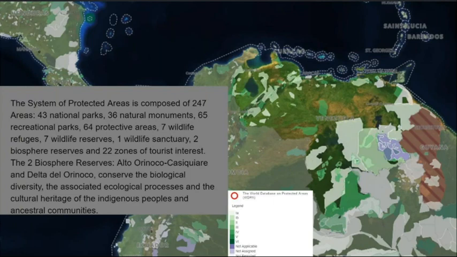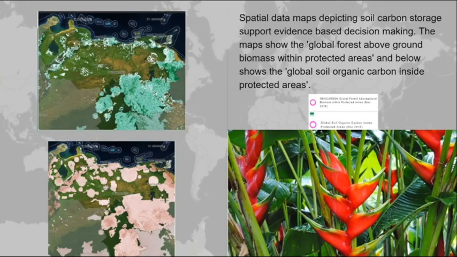The two biosphere reserves, Alto Orinoco Casiquiare and Delta del Orinoco, conserve the biological diversity and the associated ecological processes, as well as the cultural heritage of the indigenous people and ancestral communities. Next, please.